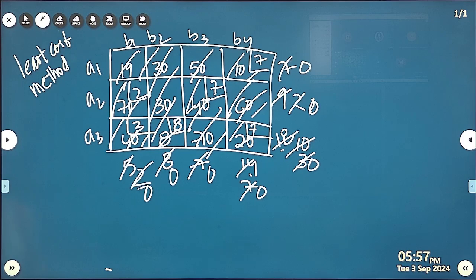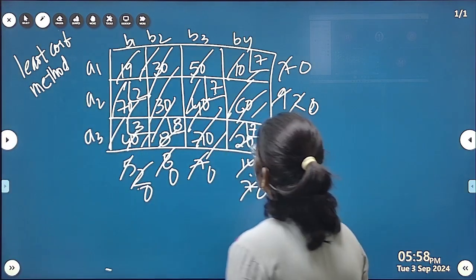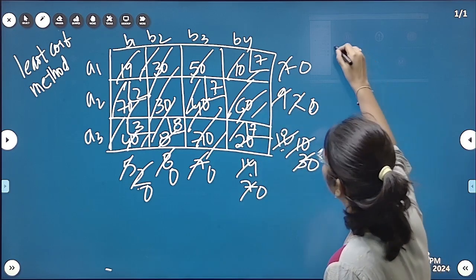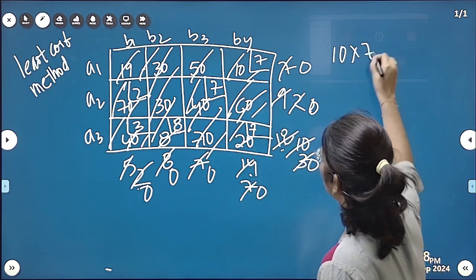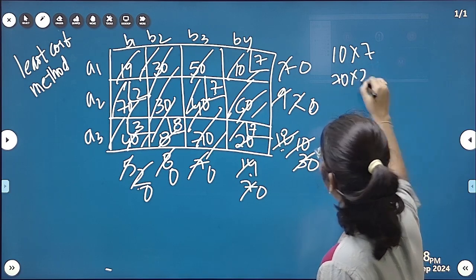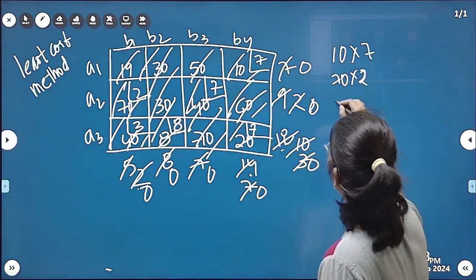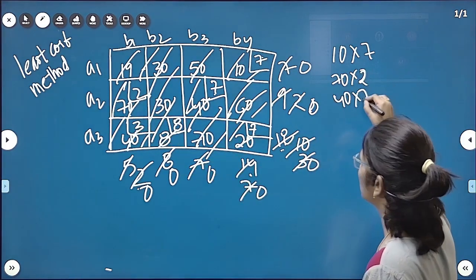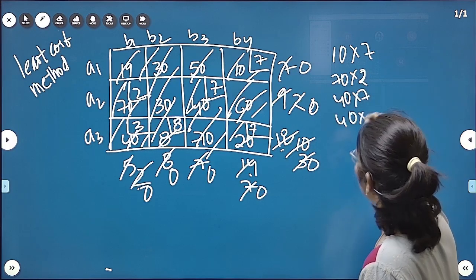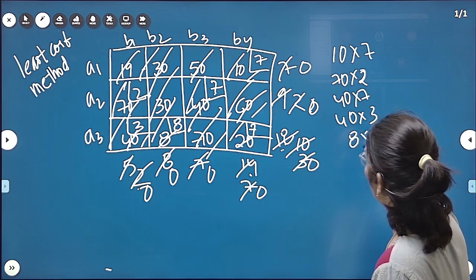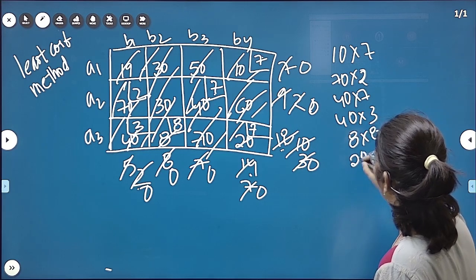Copy it. So now what will be the total cost? 10 into 7, 70 into 2, 10 into 7, 70 into 2, and 40 into 7, and 40 into 3, and 8 into 8, and 20 into 7.